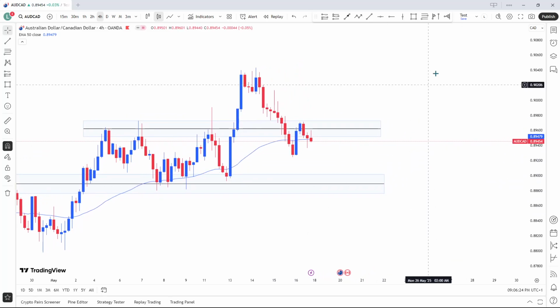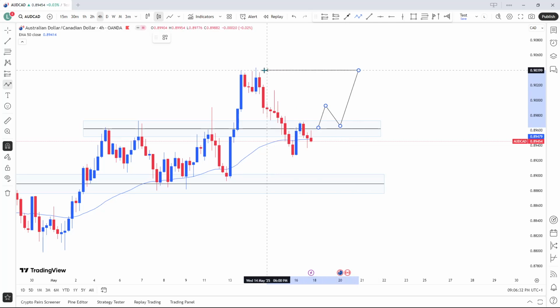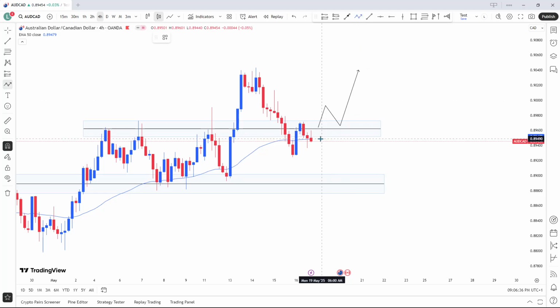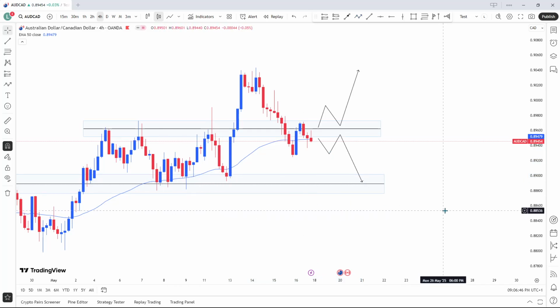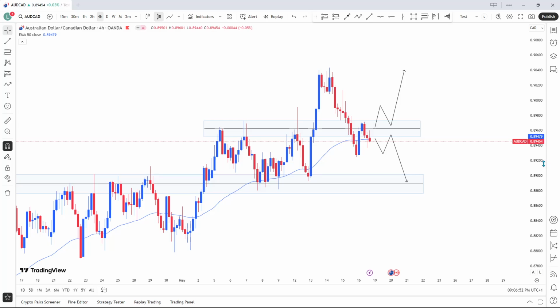So here, for the most recent part, you could either be looking for a break up, retest, and then aim for these highs over here, or you could be looking for a push to the downside, retest, and then aiming back down here to all these lows. So that is a simple break and retest on support and resistance.